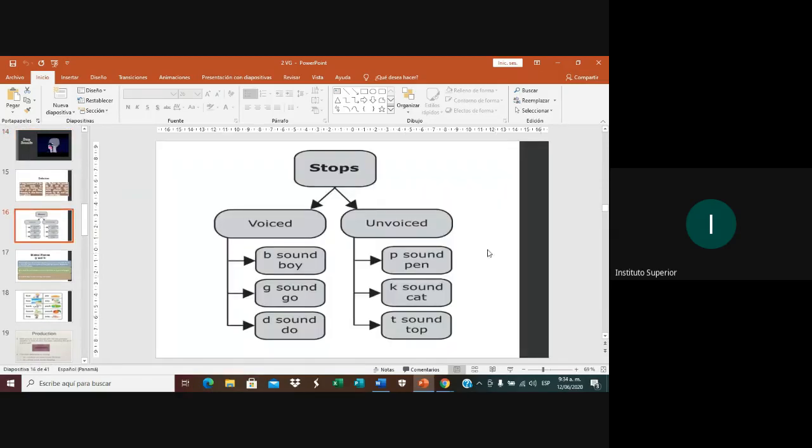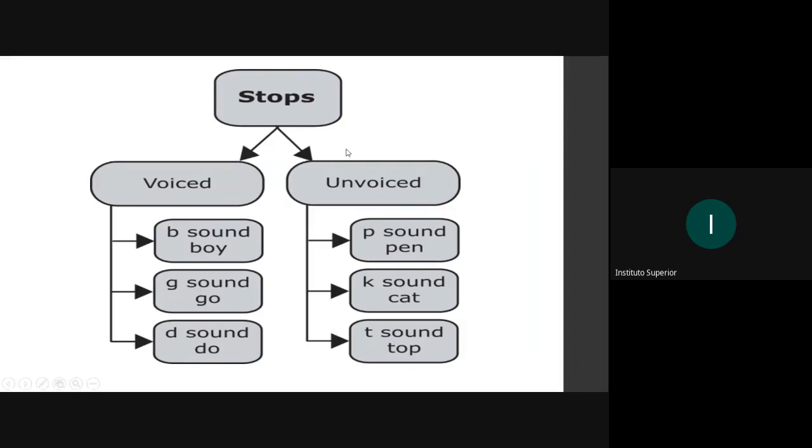In the stop sounds, we have these sounds. These are voiced, and these ones are unvoiced or voiceless. Could you read the first example, please? Boy. Okay, thank you. And this is voiced, remember.